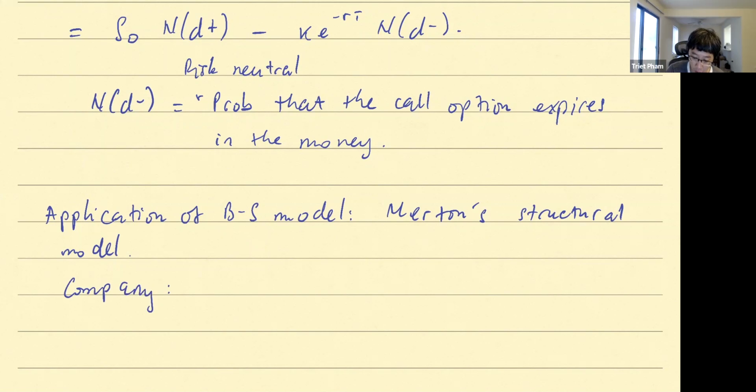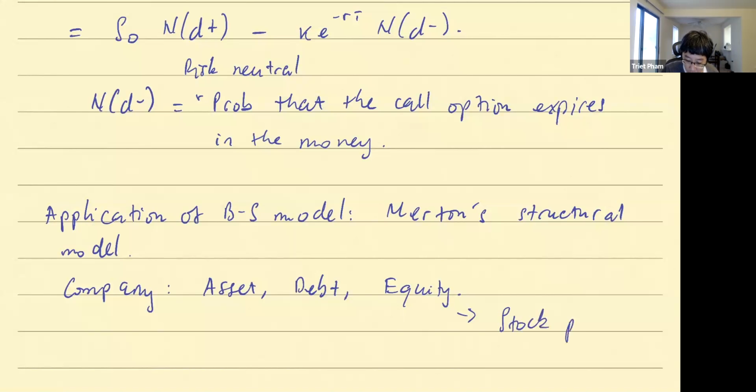That's why it's called a structural model. The company has asset, debt, and equity. You can think of equity as reflected through the stock price. The stock price of a company reflects its equity.